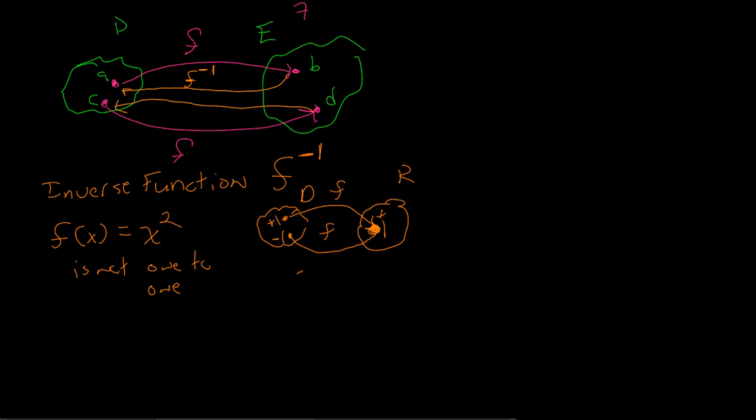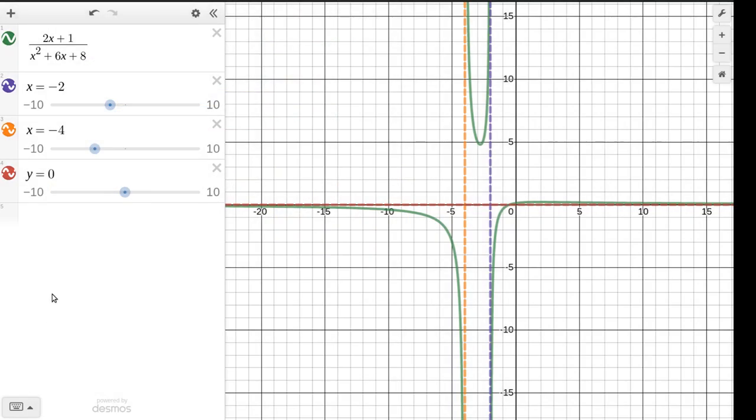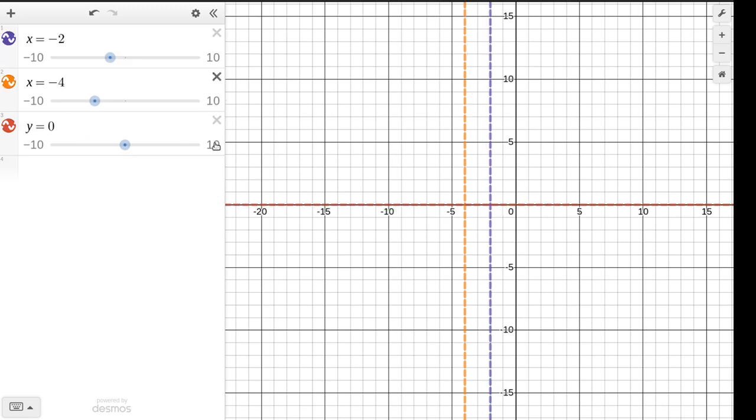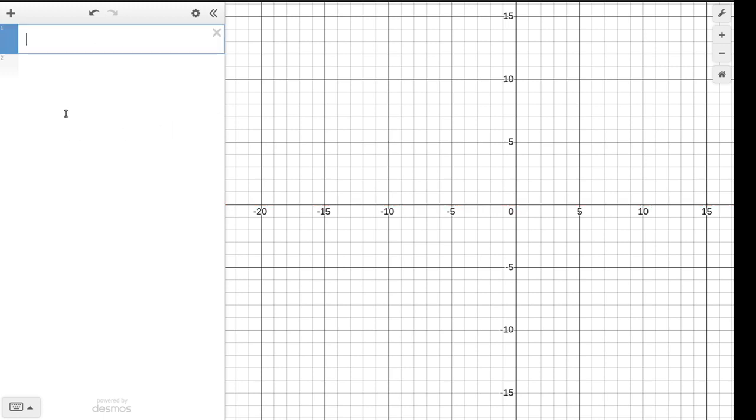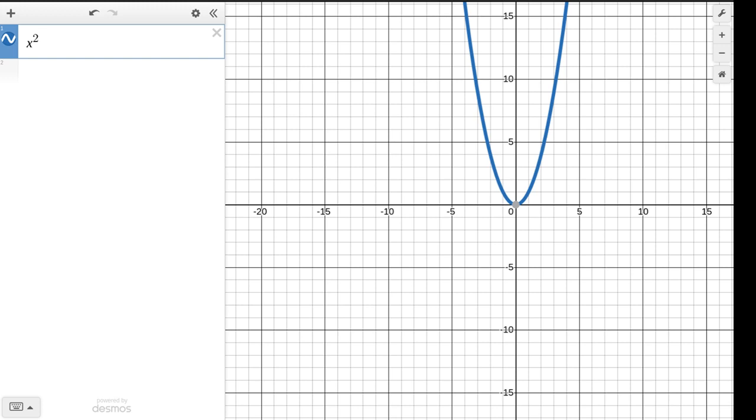And so if you don't mind, I'm going to try to pull this up on the graph here. If we look at the function x squared, and we get its graph here, any value of x gives me one and only one answer.